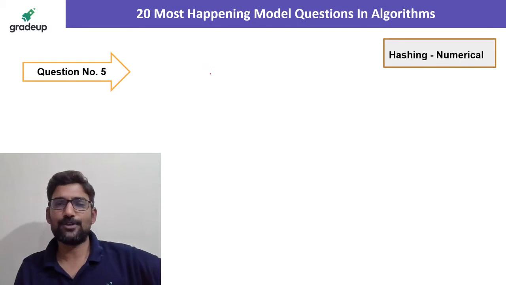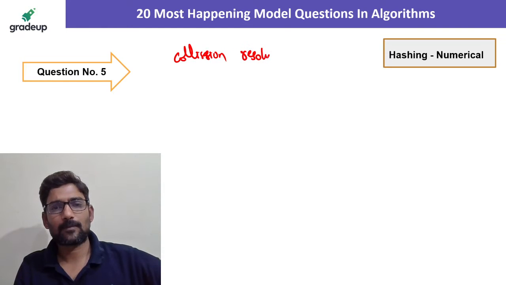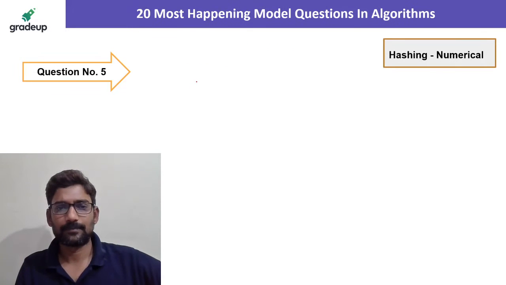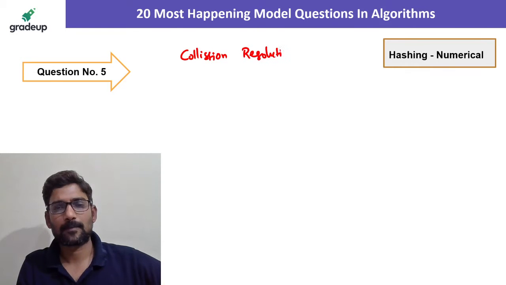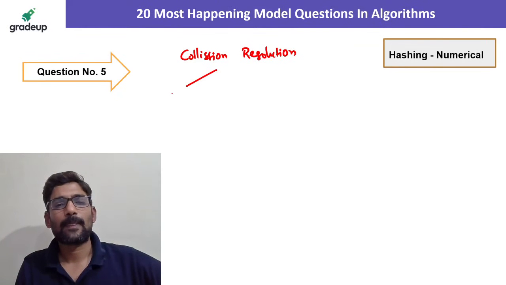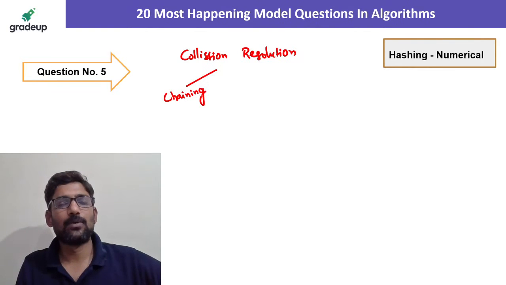Whenever you get a collision, for collision resolution you will have techniques. One is hashing with chaining method.